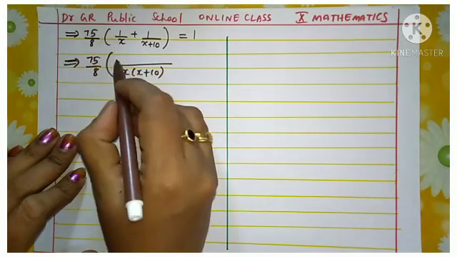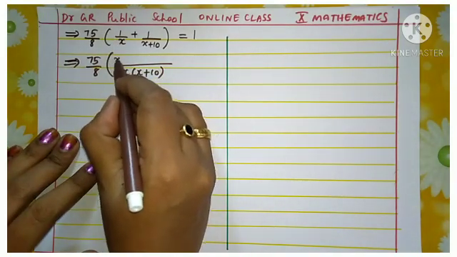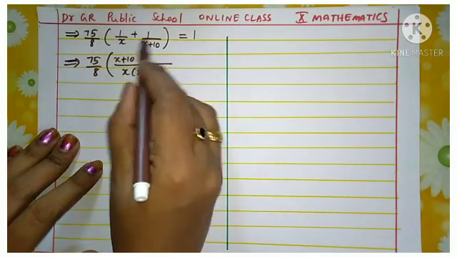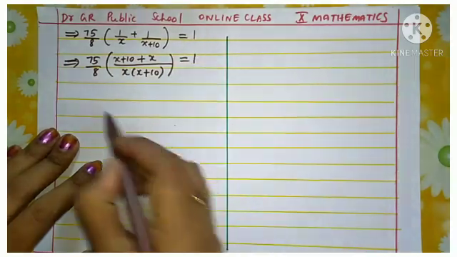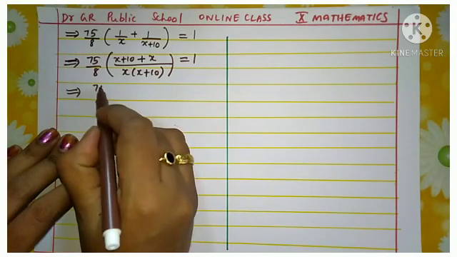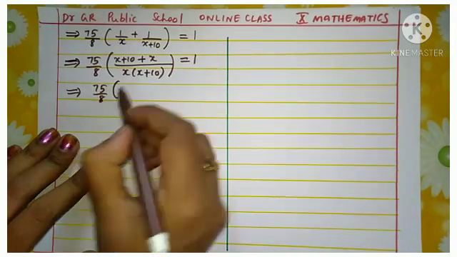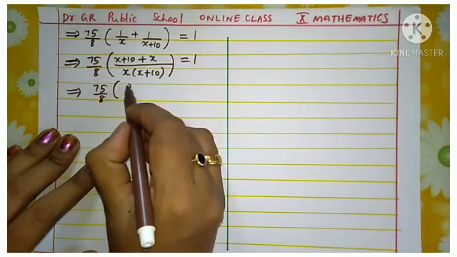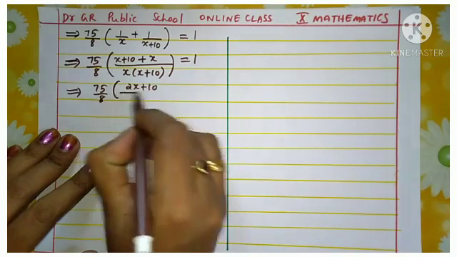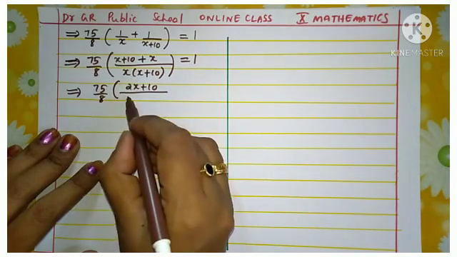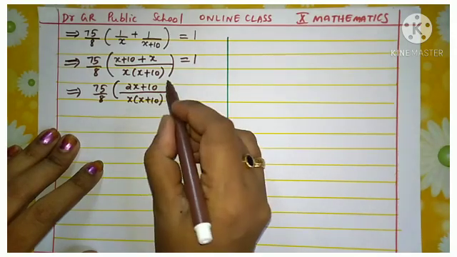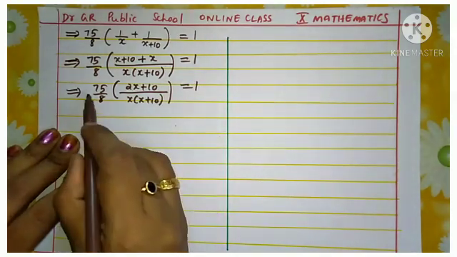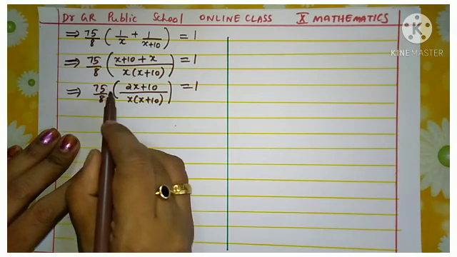So the first numerator is multiplied by x plus 10 and the second numerator by x. So plus x equal to 1. This implies 75 by 8 into, what is x plus x? 2x plus 10 by x into x plus 10 equal to 1.